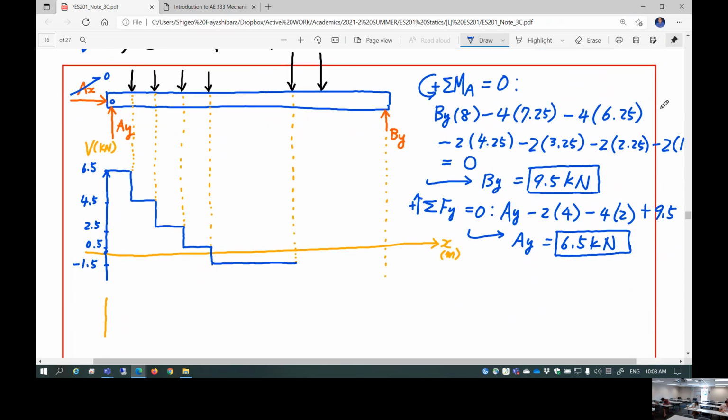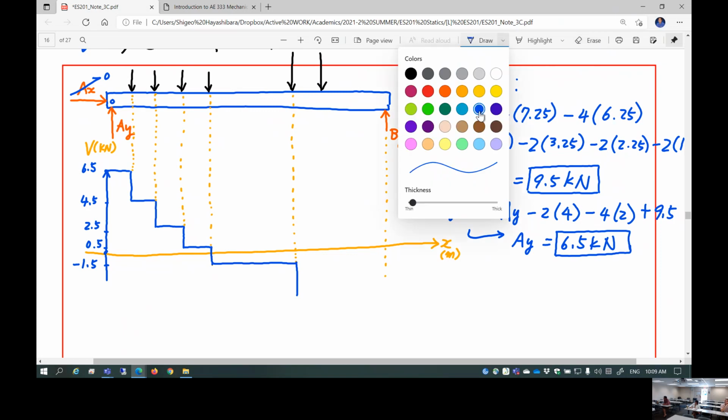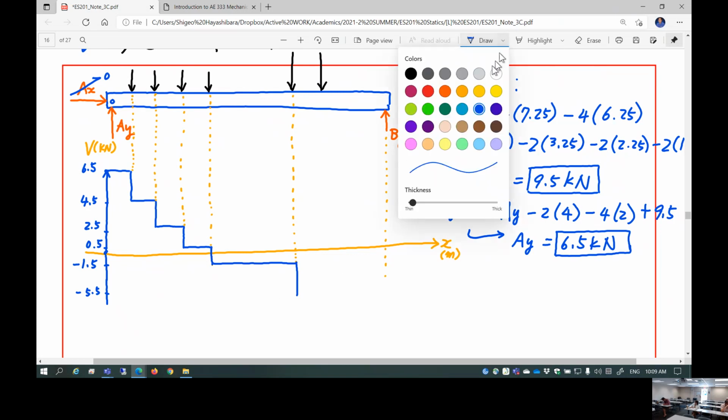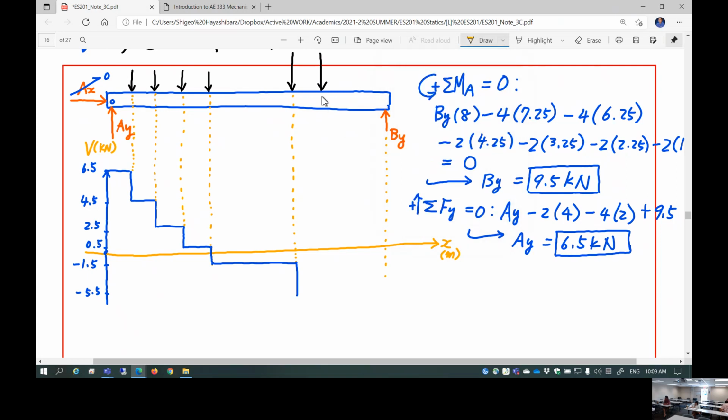Then here's another jump, 4 kilonewton jump. So that is jump down fairly deep. Let me just temporarily erase this. Then, so this is minus 5.5. And it is going to be constant up until here.